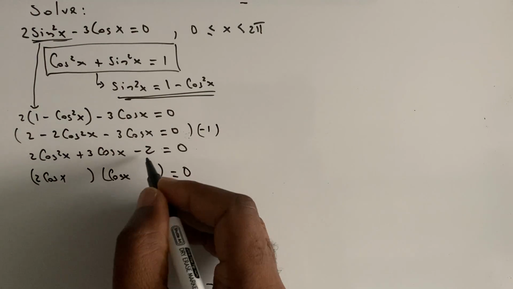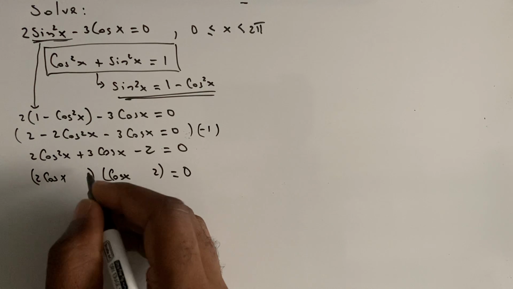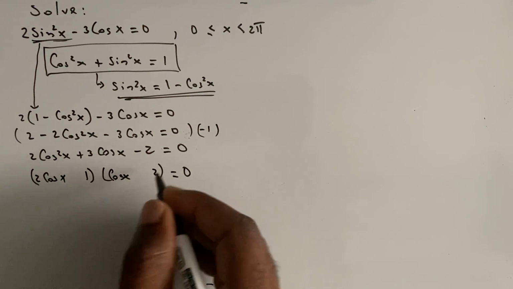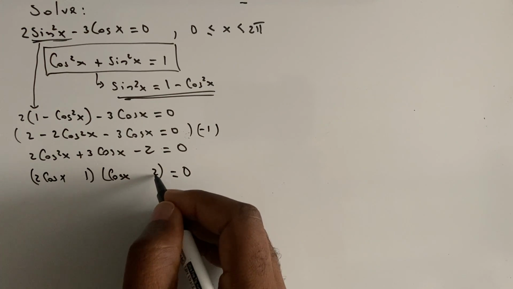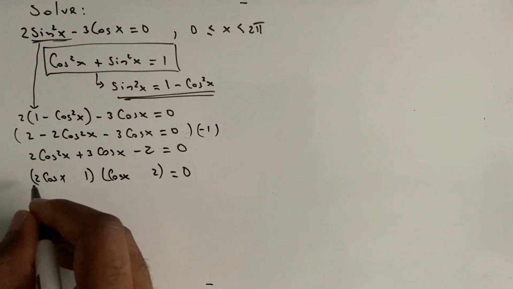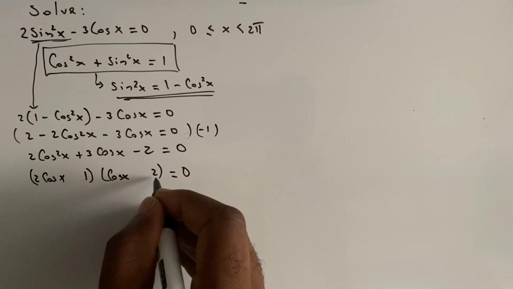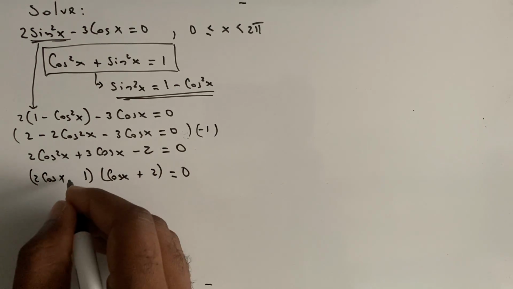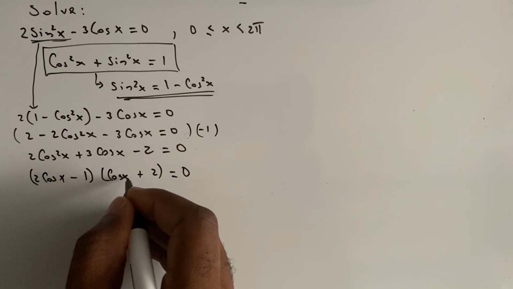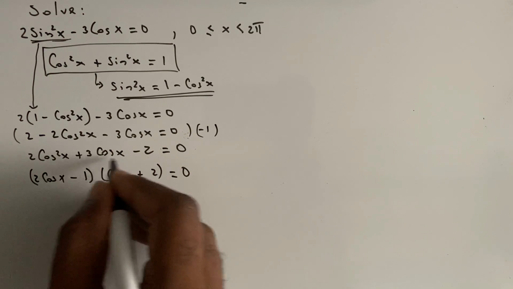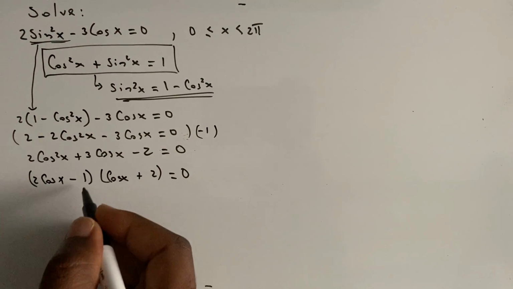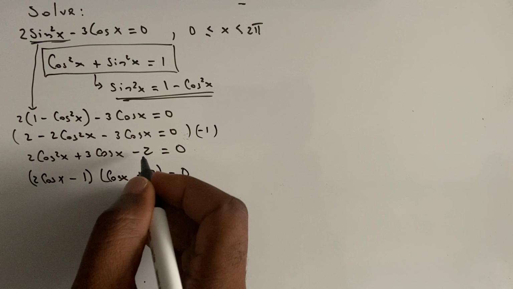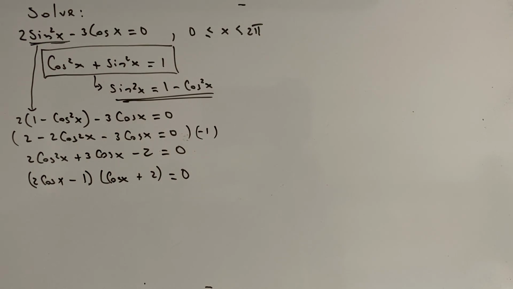Then I need 2 factors of 2, so 1 and 2. I put 2 here because when I multiply, 2 cosine x times 2 would give me 4 cosine x, and I need it to be positive 4 cosine x minus 1 cosine x to give me 3 cosine x. And negative 1 times 2 would give me negative 2. So I'm good here. This is how you factor this.